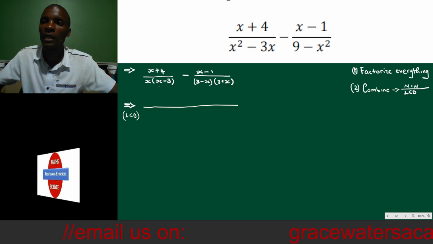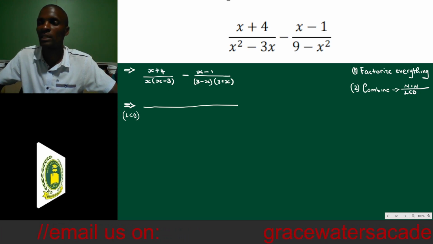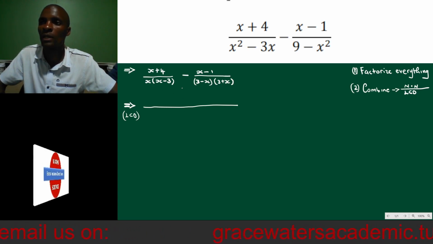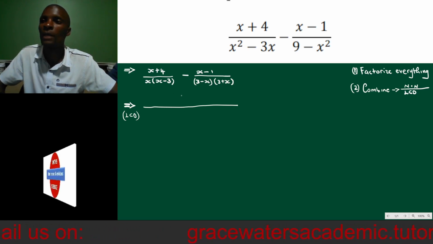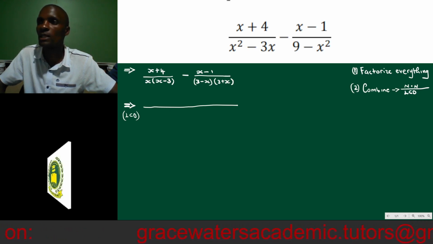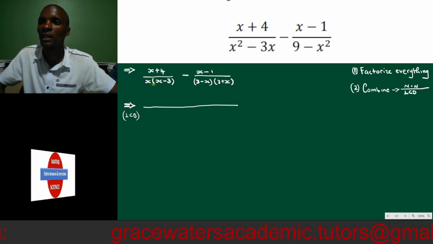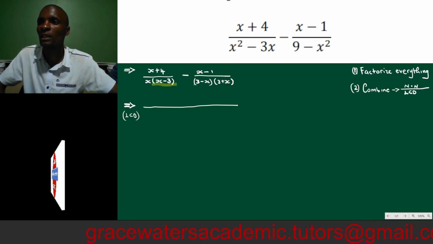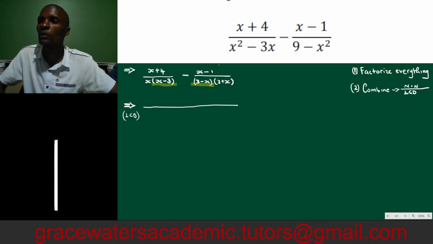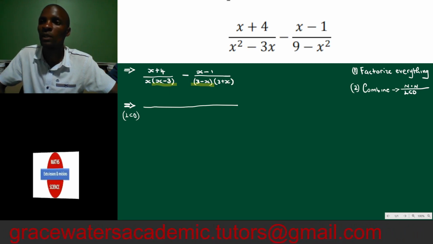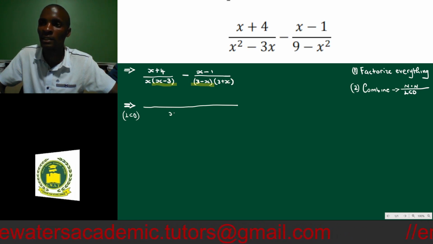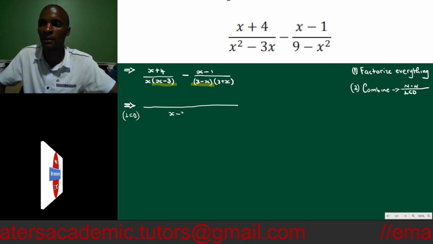You must look at the factors and see if there is a common factor that you are seeing here. Make sure you bring that down first. Likewise, in this question, let me highlight that this part and this part is common. So what we need to do is to make sure that we bring that down first, and it is x minus 3.